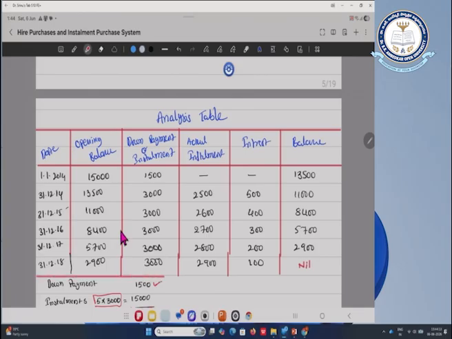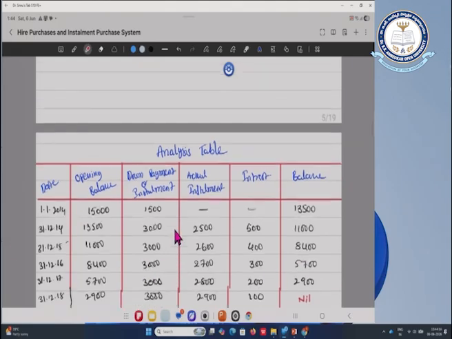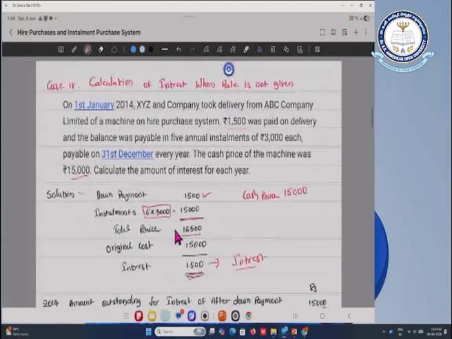So, like that we have to prepare the analysis table. In this case what happened? They have not given the interest rate. If they have not given the interest rate, what do we have to do? First, we have to calculate the total interest. How to calculate it? Already I showed that.